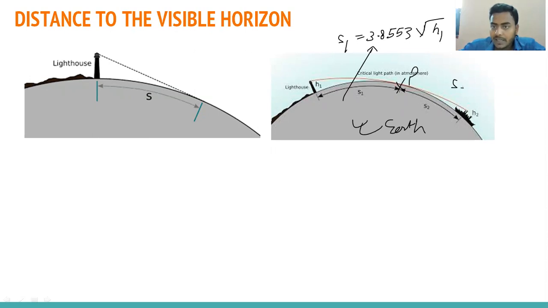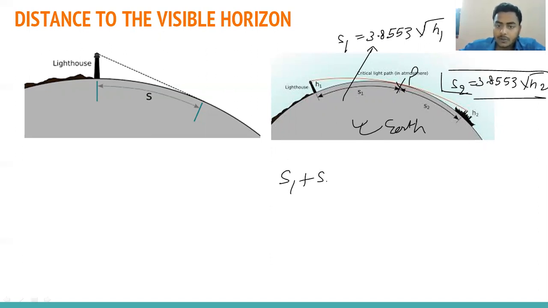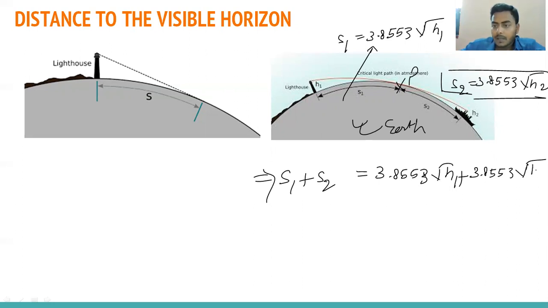In this case also we can write H2 equal to 3.8553 root under H2. So the distance between lighthouse and ship we can write as H1 plus H2, so we can write 3.8553 root under H1 plus 3.8553 root under H2.